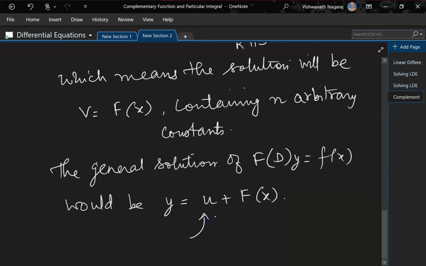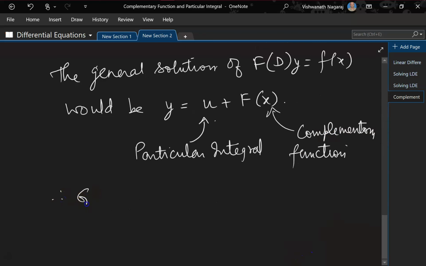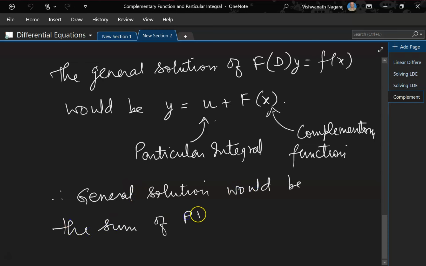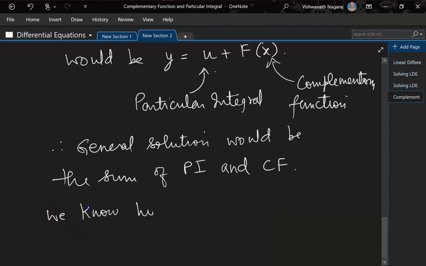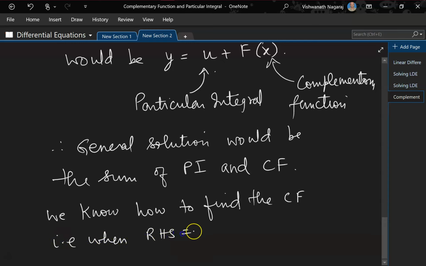Now here this is called the particular integral and this is called the complementary function. Therefore the general solution would be the sum of the particular integral and the complementary function. We know how to find the complementary function, that is when RHS is equal to 0.